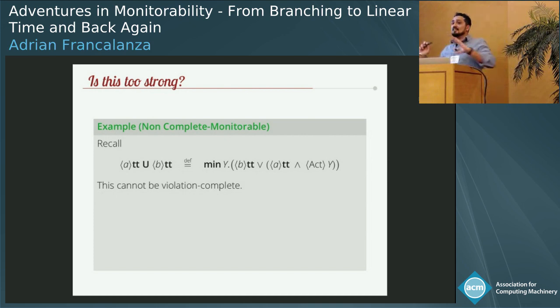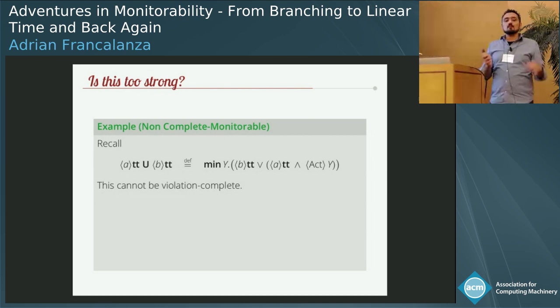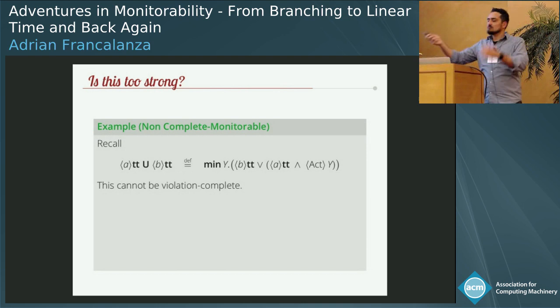So this was fine and dandy, but then we quickly realized that there is a bit of discrepancy between what we're saying in this work and what is known in the literature. For example, in particular, the until operator, or a property like this, would be considered monitorable according to other theories. But in our setup, it's actually not.